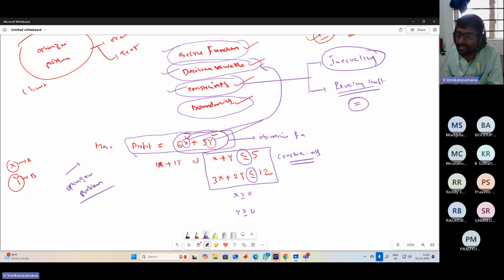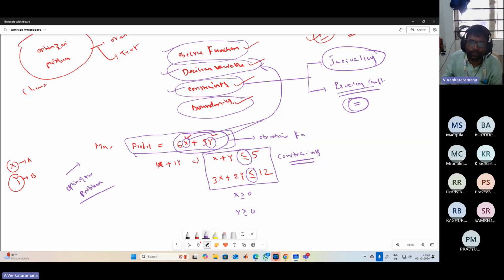Hope everyone is following. So if you have less than or equal to, or sometimes greater than or equal to, such constraints are called inequality constraints. But in place of less than or equal to, if you have only an equality sign, such constraints are called equality constraints.